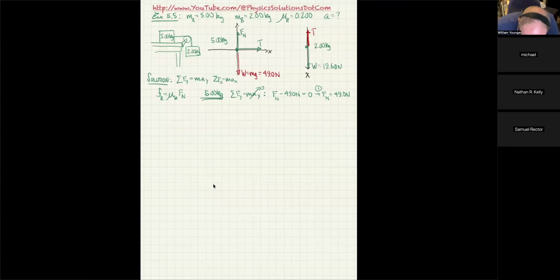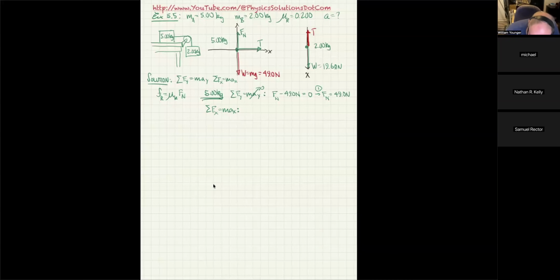Now I'm going to do the summation of the forces in the x direction equals mass times acceleration in the x direction, again for the 5 kilogram mass. In this case, we see that the only force we have acting in the x direction, oops, I haven't drawn the other one yet. The only force that we have drawn right now is just the tension, but remember this is a problem with friction.